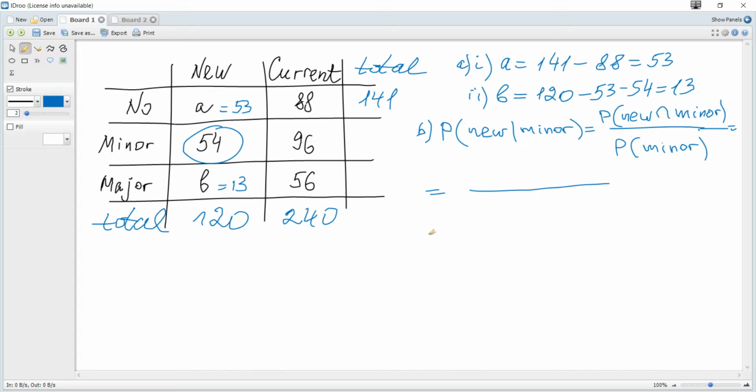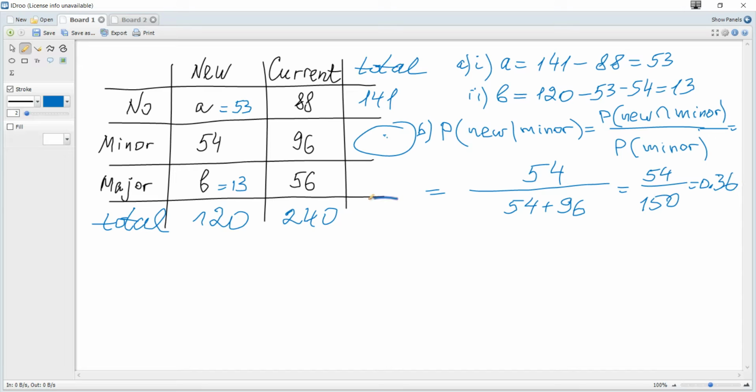So finally we can write it as new and minor, 54, out of total minor, which is the sum 54 plus 96. It's 54 divided by 150, or 0.36, and the grand total can be easily found. It's just 360 if it's required.